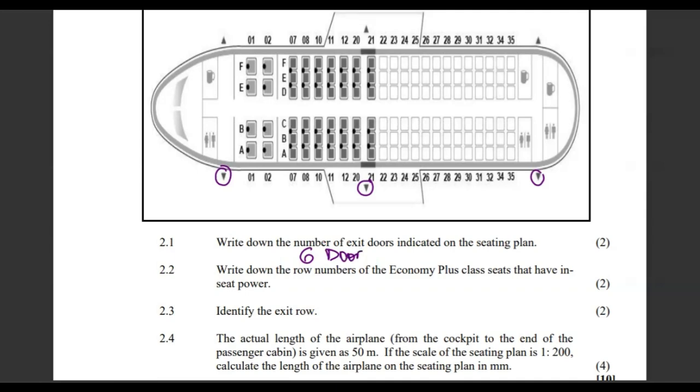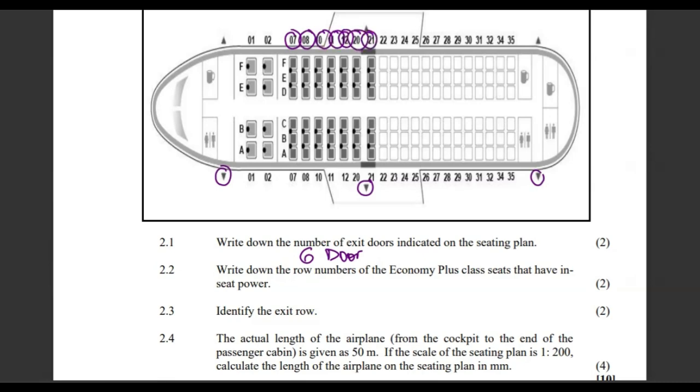Write down the row numbers of the economy plus class seats that have in-seat power. So the in-seat power rows we have are 7, 8, 10, 11, 12, and 20, including 21.